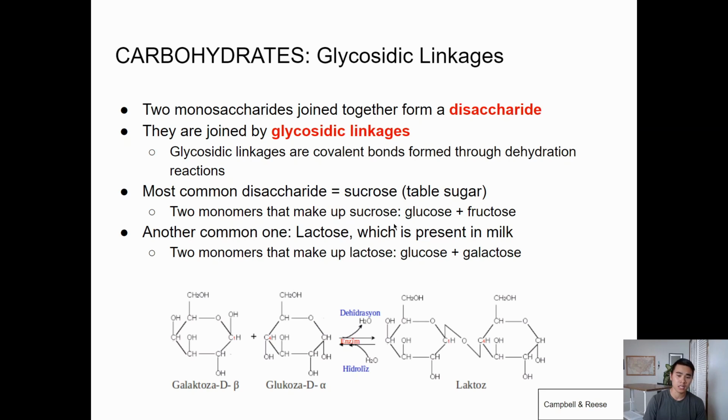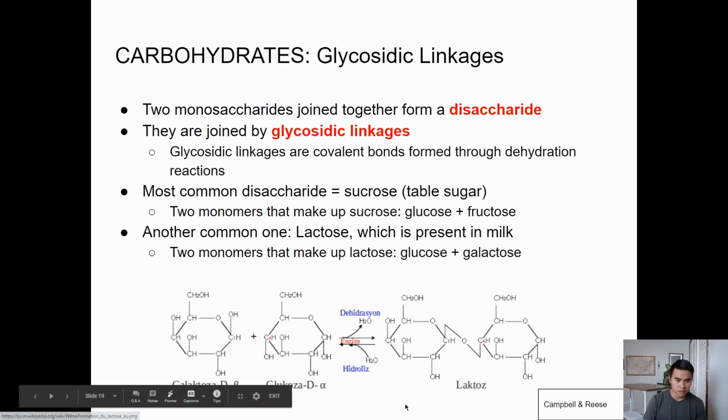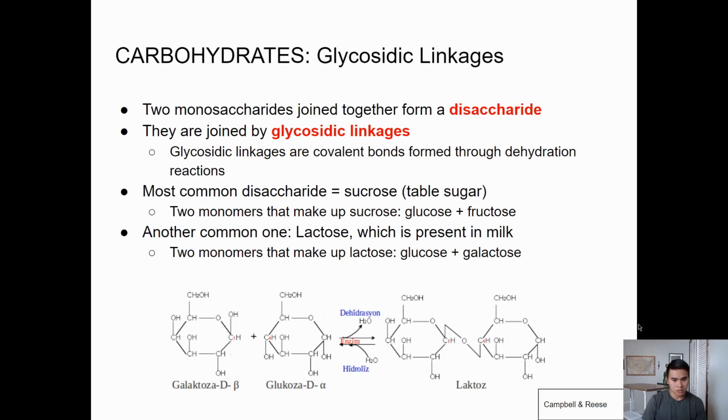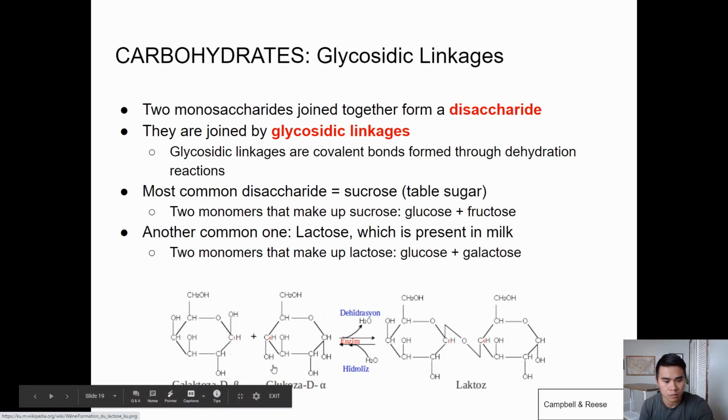So again, as you're studying, ask yourself questions like, where do we see lactose present? In milk. What is the purpose of lactose in our bodies? And this is in a different language, but we can still understand it. If you look at it right here, we have two hydroxyl groups, a hydroxyl group here and a hydroxyl group here.